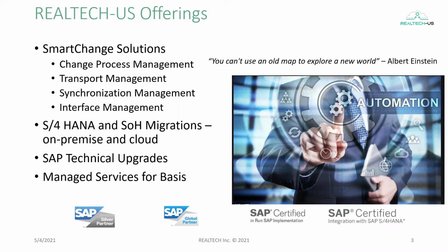The software solutions that we resell from REALTECH Germany are the SmartChange solution, which has 4 modules. We have a change process management solution, a transport management solution, a synchronization management solution, and an interface management solution. All these modules are really focused on change and transport management, except the interface management solution that will go out and manage all your interfaces.